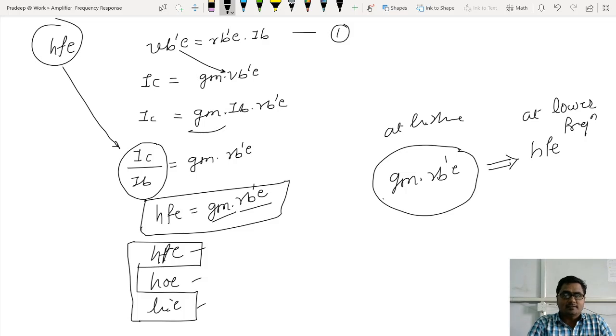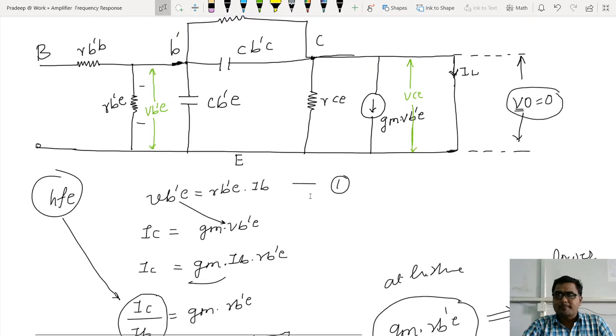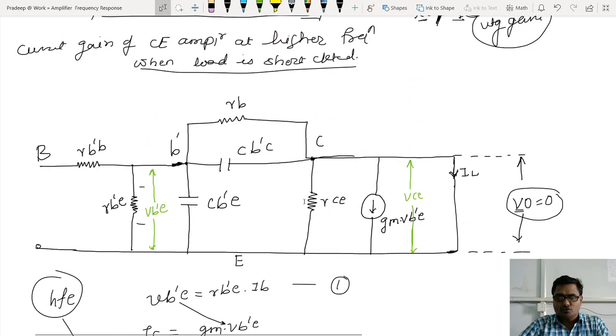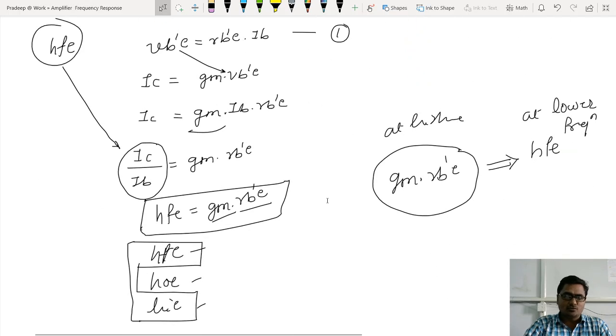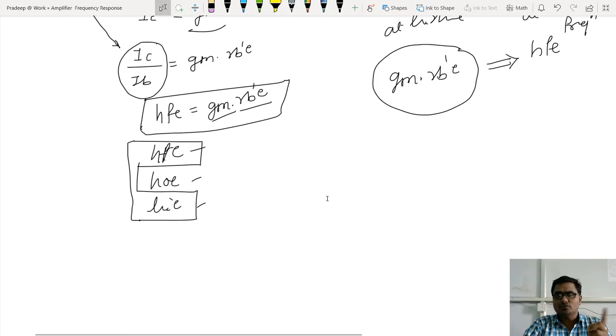Now look at this, this is a value of HFE. But that was not the actual aim. The motto was different: to calculate the short circuit current gain. This is also current gain, HFE, but this is not a short circuit current gain at higher frequencies.